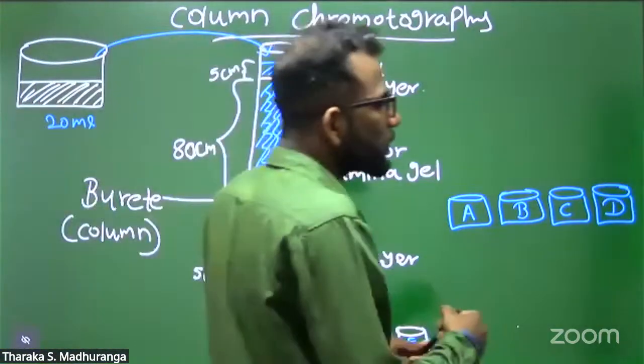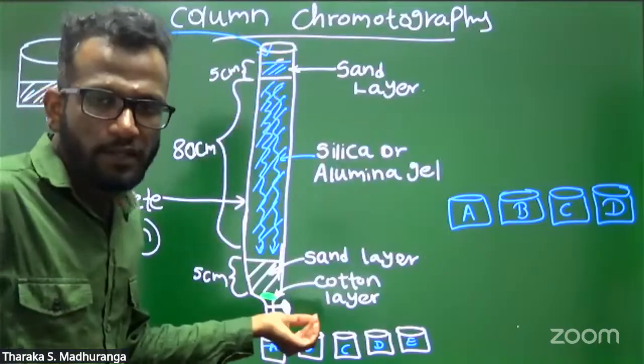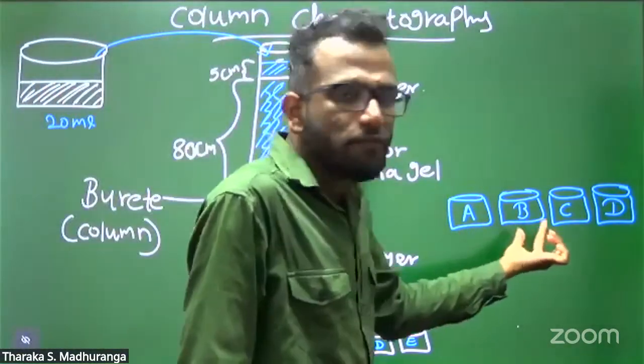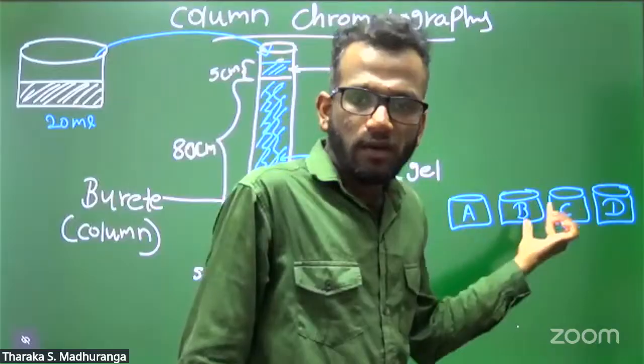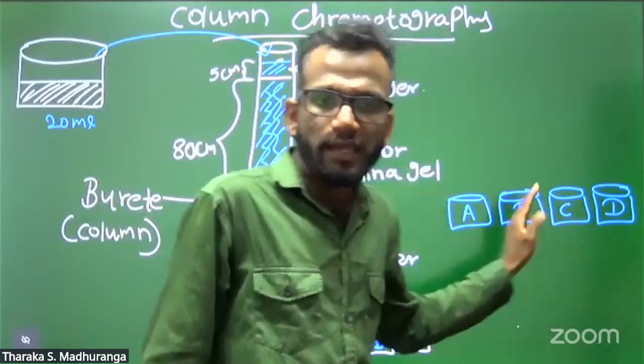Therefore, the heaviest mass, heavy weight compounds, come first. Then can you see, according to the weight of the compound, we can separate the crude product into A, B, C, D.